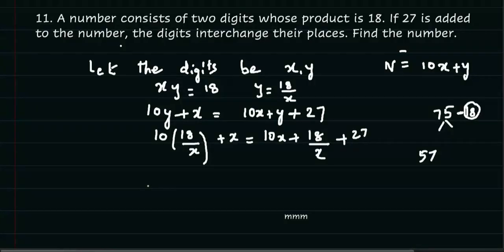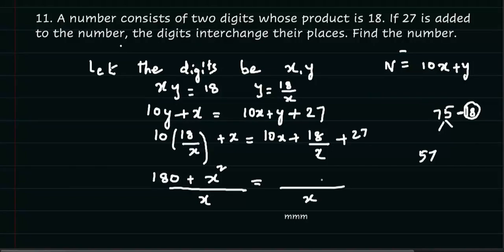So this becomes 180 plus, if I take the LCM as x, x into x is x square. Here also I'll do the same. I'll take the whole LCM as x: 10x square plus 18 plus 27x. This gets cancelled.